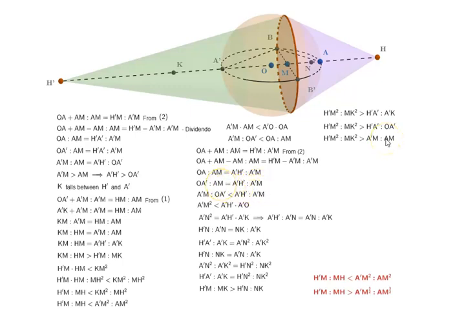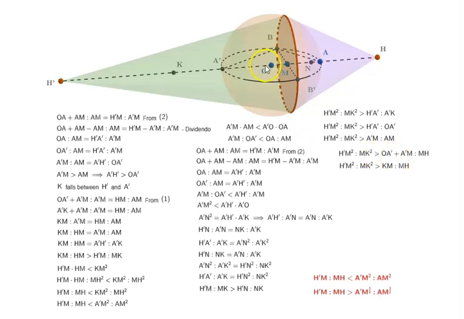So we have done the substitution. Which means H'm square is to mk square is greater than OA' plus A'm is to mH. Why? Because A'm is to Am is equal to OA' plus A'm is to mH.